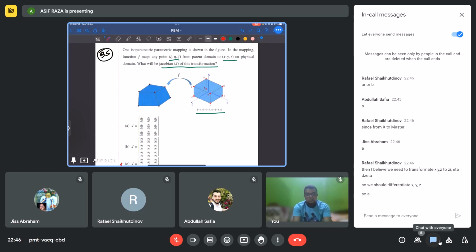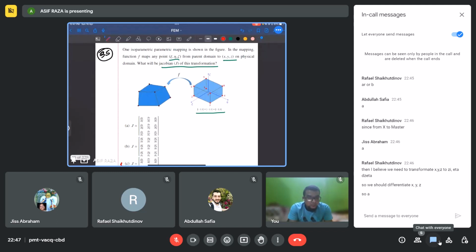The mapping is taking place from the parent domain to the physical domain, right? So our new coordinate system in that perspective is x, y, z, and old coordinate system is xi, eta, zeta.